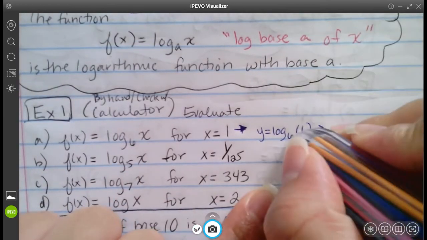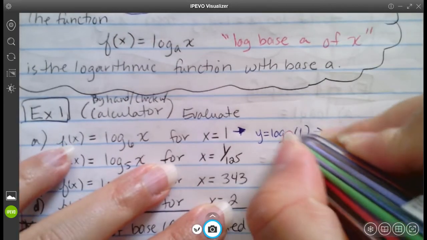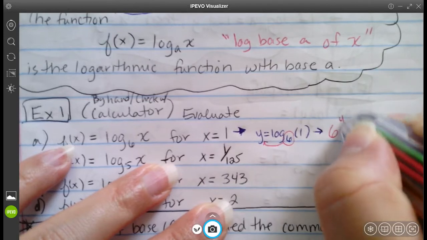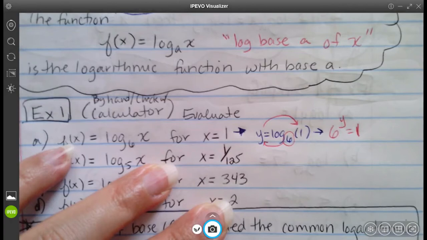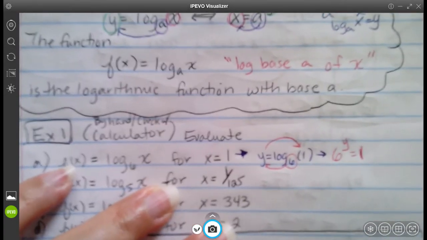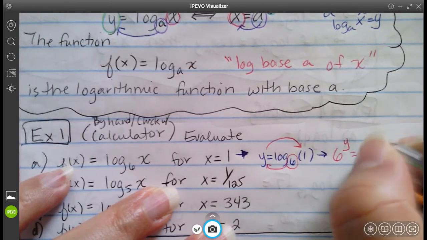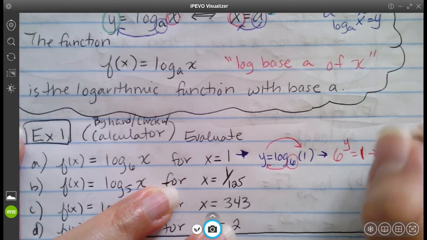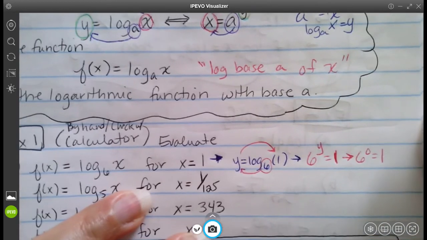So we start with the base. Let me show my arrows here. We start with the base, so 6 to the power of y is equal to 1. Based on this equation, the only thing that's going to give me a 1 when it's raised to a power is 0, because 6 to the 0 power is equal to 1.